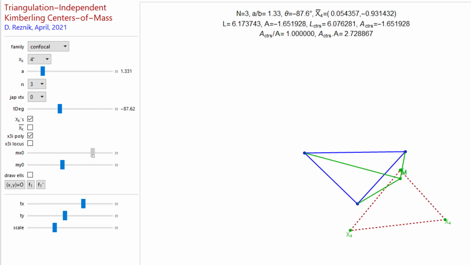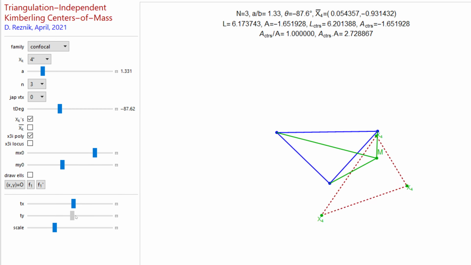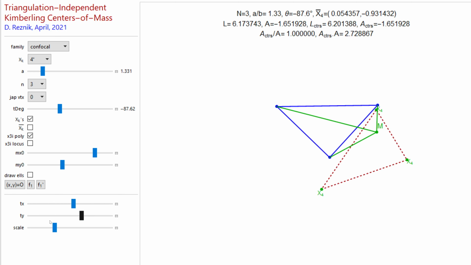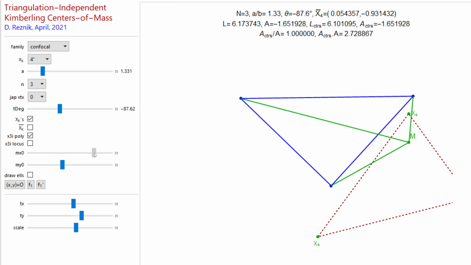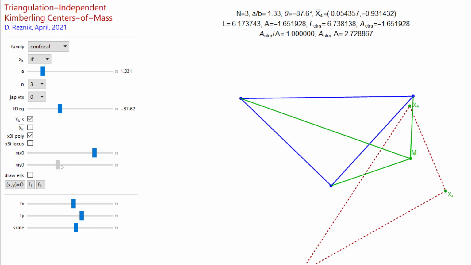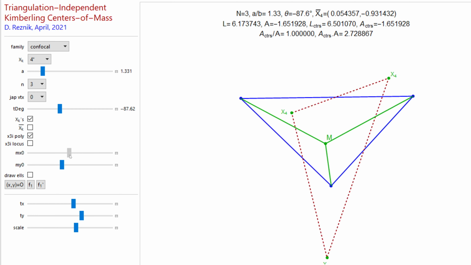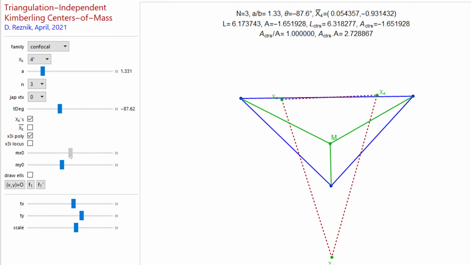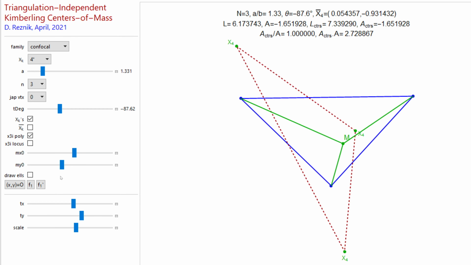But this remains constant, so let's go ahead and take this system up to the top so we can actually see what's going on here. So this area here of the triangle formed by the orthocenters is actually independent of the position of M, and it's equal to the area of the parent triangle.